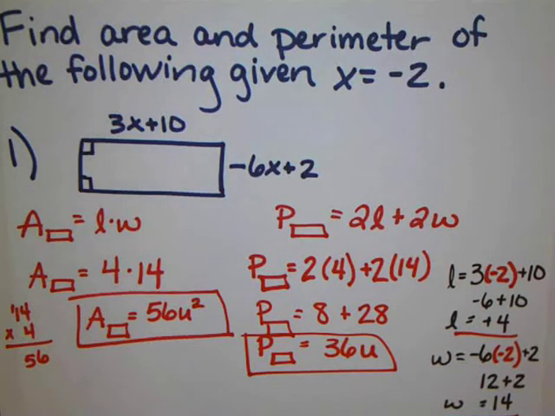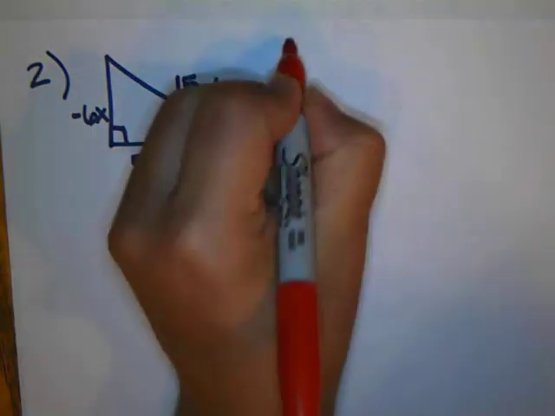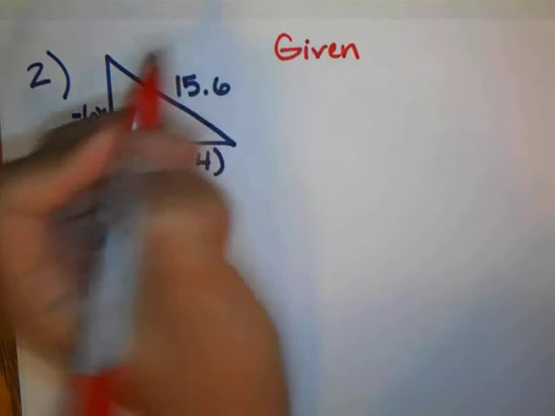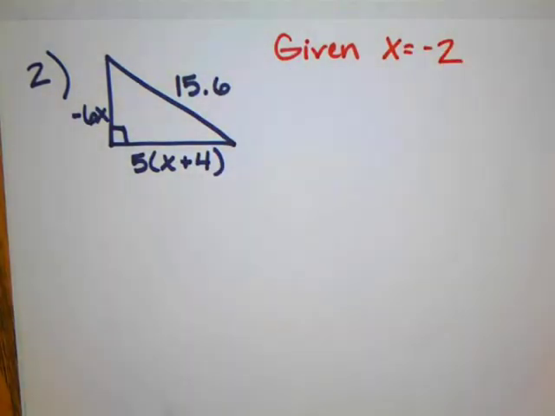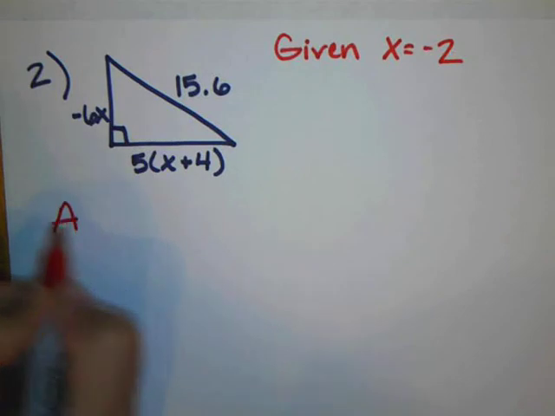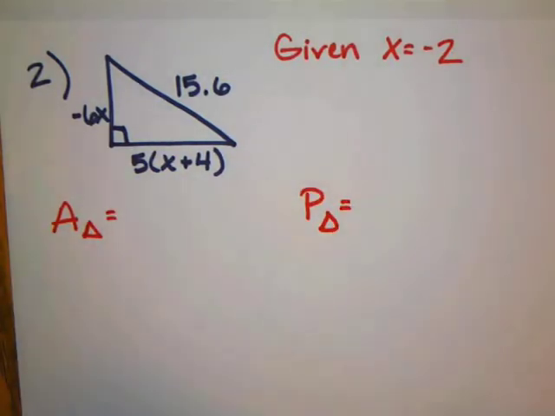Okay, the next one I want you to try on your own is given the same information. So go ahead and jot this picture down. Again, I'm going to remind you, given x equals -2, I want to find the area of the triangle and the perimeter of the triangle.